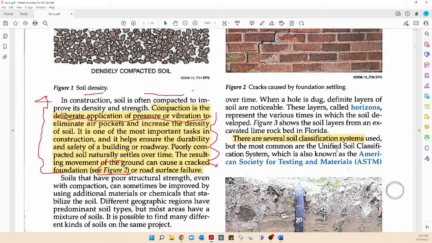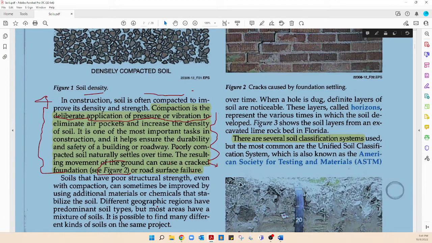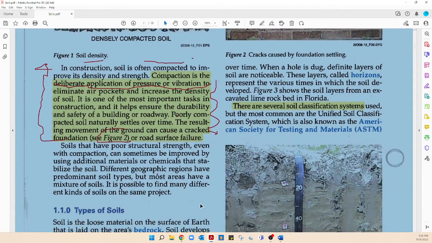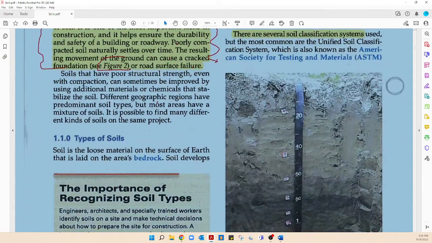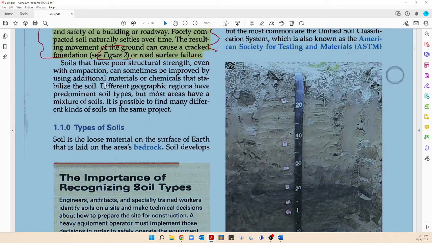What we're going to be concerned with is the Unified Soil Classification, done by the American Society for Testing and Materials, sorry. Soils that have poor structural strength, even with compaction, can sometimes be improved with additional materials, and that's called soil stabilization. We'll work on it.